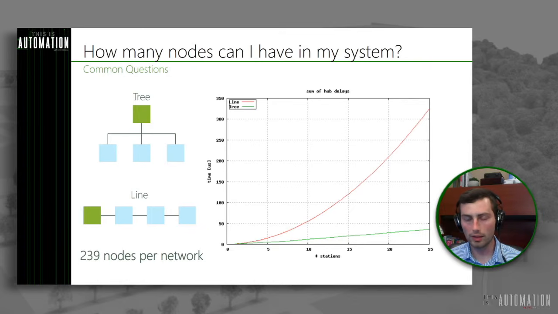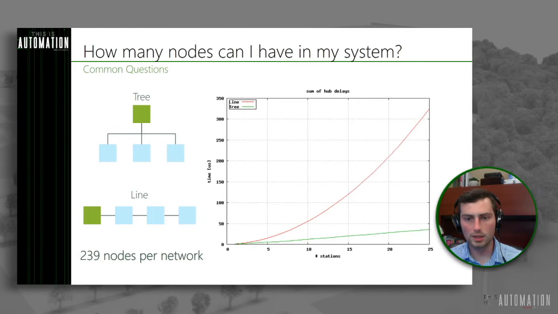So when we answer the question, how many nodes can I have in my system? The addressing limitation is 239 nodes per network. So that doesn't mean that if you have 250, you can't do it. You just have to have separate Powerlink networks. But oftentimes there may be a topology change that could be required to even reach that many nodes.